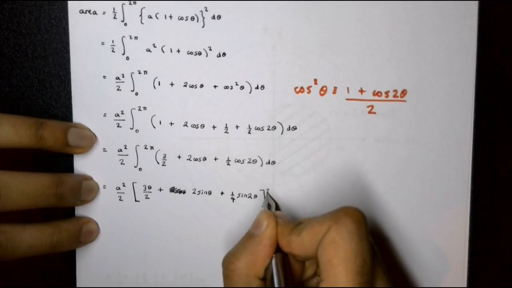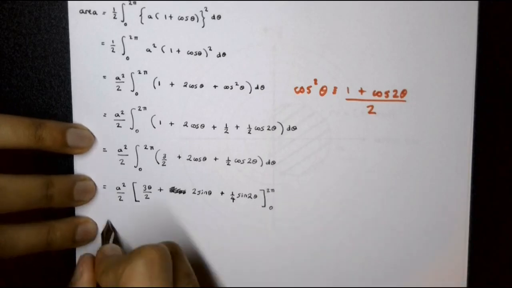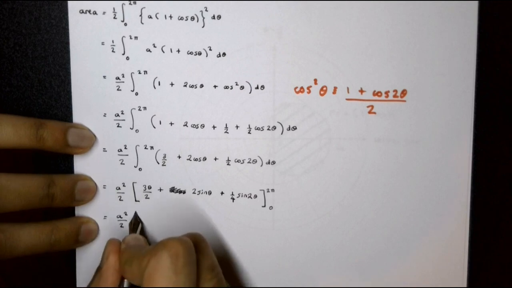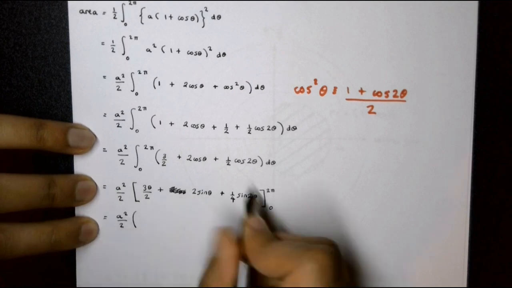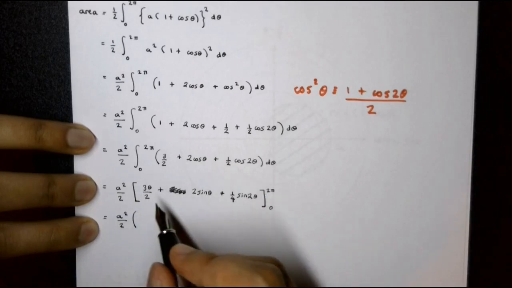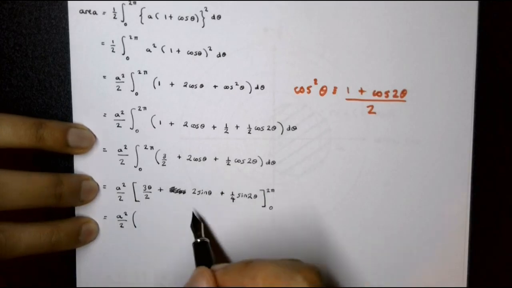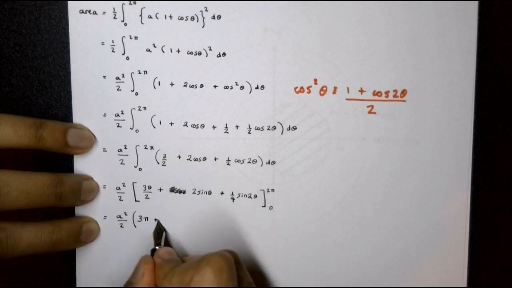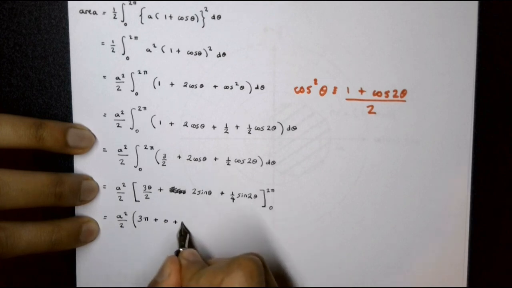And we're evaluating this between 0 and 2 pi. So for our upper limit, we get a squared over 2 lots of, here we've got 3 over 2 times by 2 pi, so the 2's cancel, so here we're left with 3 pi. And then here we get 0 plus another 0.